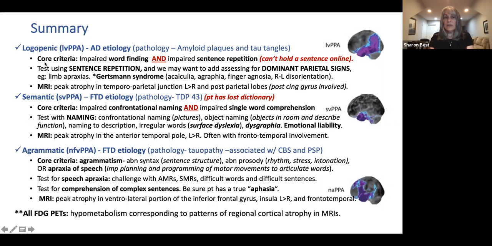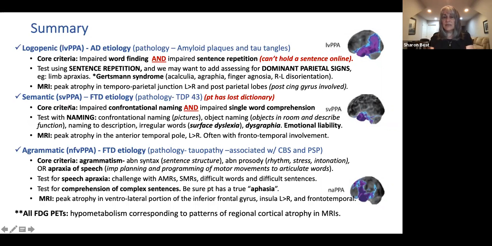We know we have a core criteria that must be met of both impaired word finding and impaired sentence repetition. And what we think is that the patient can't hold a sentence online. So we can test by sentence repetition, and we may want to add in testing for the dominant parietal signs. This will be our most important test with the most weight.